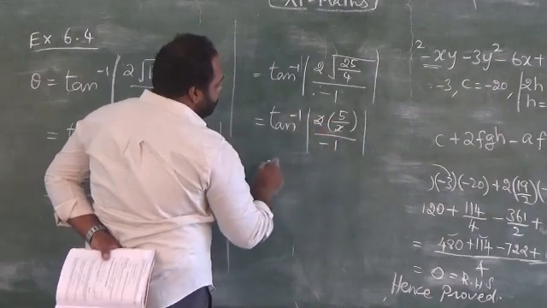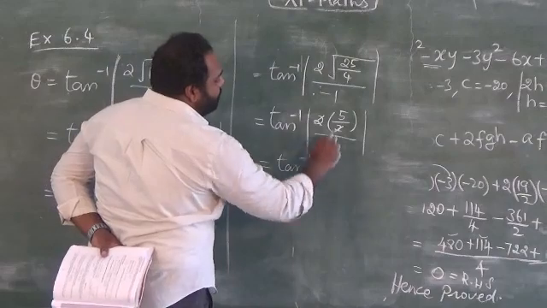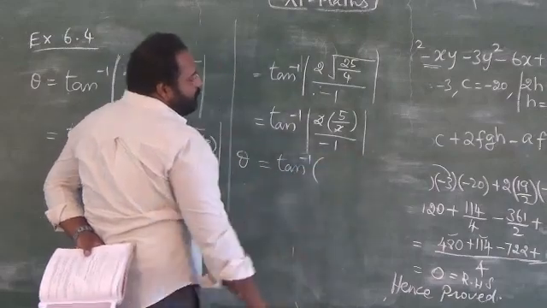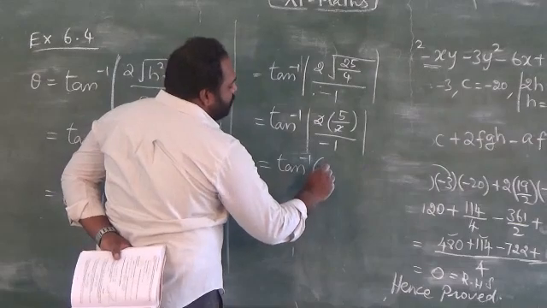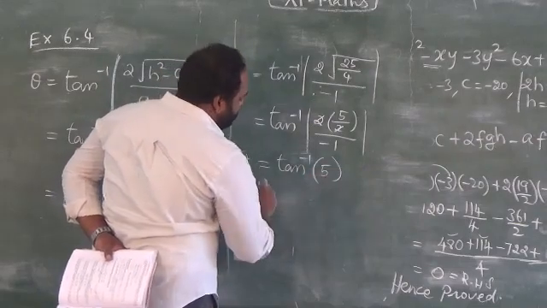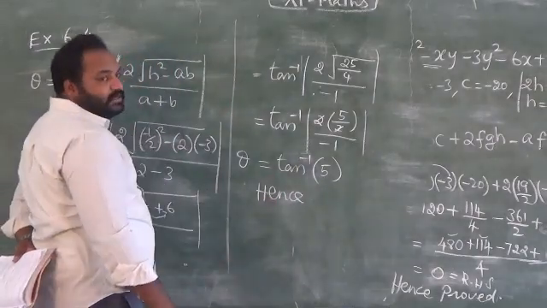If I cancel this, theta is equal to tan inverse of, if I remove the modulus, the minus will be cancelled, remaining 5. So we are getting theta is equal to tan inverse 5.